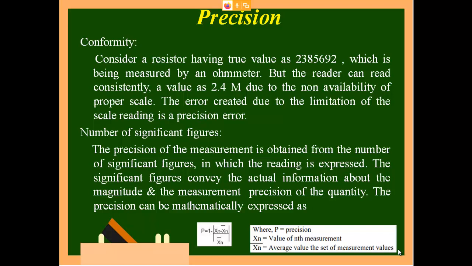And number of significant figures: the precision of the measurement is obtained from the number of significant figures in which the reading is expressed. The significant measure is conveyed by the value of the nth measurement and the average value of the entire measurement. So if you are taking an nth value, again I will give an example with the voltmeter itself.